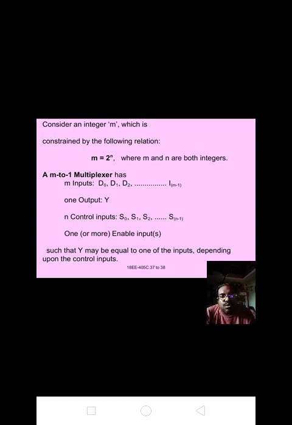An m to 1 multiplexer has m inputs D0, D1, D2, up to D(m minus 1), one output Y, and n control inputs, that is S0, S1, S2, up to S(n minus 1), with one or more enable inputs such that Y may be equal to one of the inputs depending upon the control inputs.